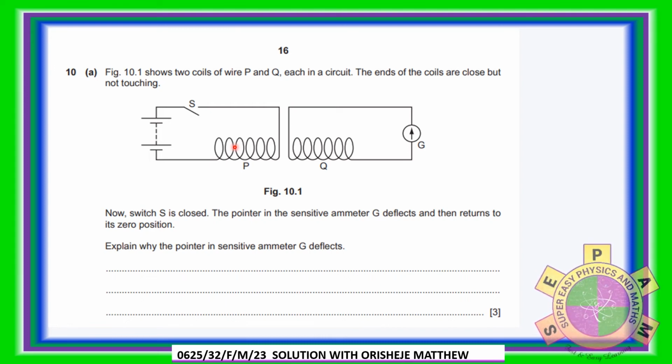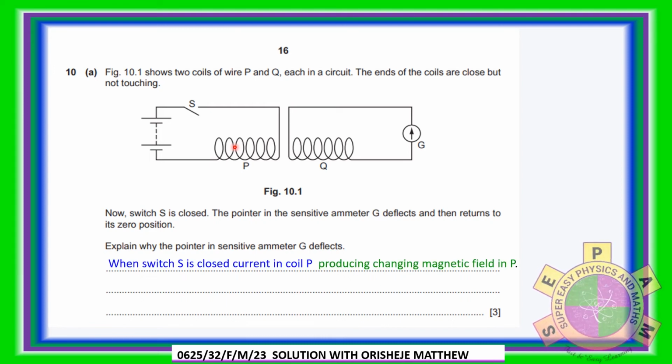So what happens? When switch S is closed, current in coil P produces a changing magnetic field in P. So that magnetic field that is produced in P, the flux is going to cut Q, and then that is going to induce current.